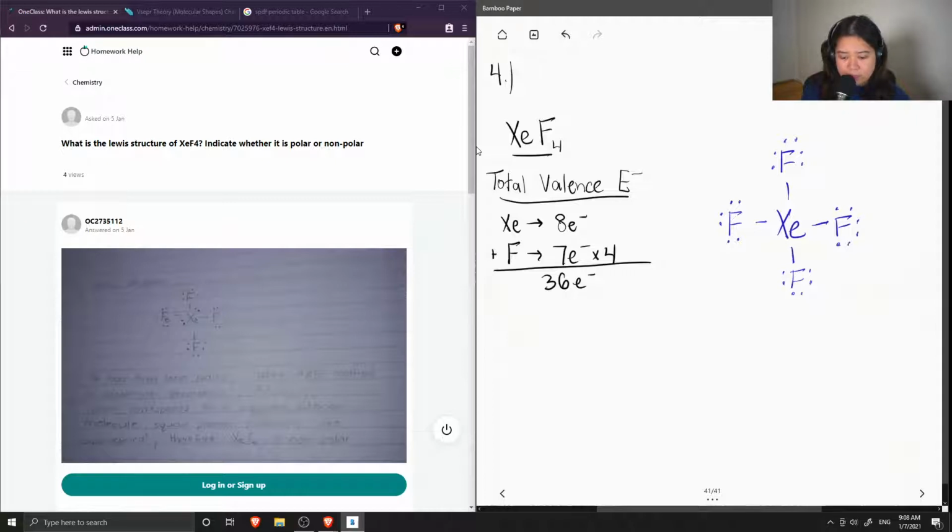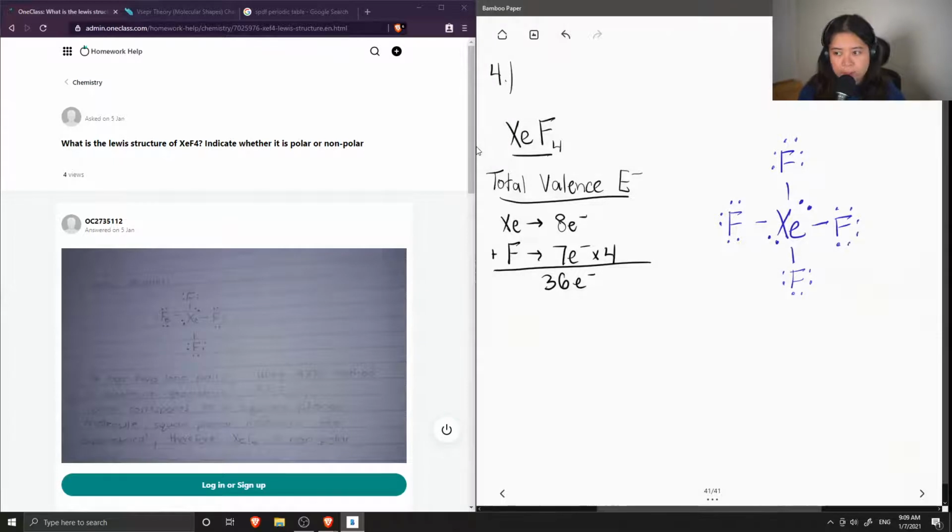So we have 32 electrons drawn so far. So I need 4 more if our total valence electrons is 36. So I'm just going to draw in my last 4 electrons as lone pairs on xenon. So now this is our molecule.